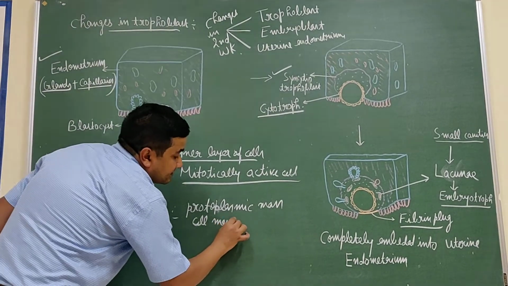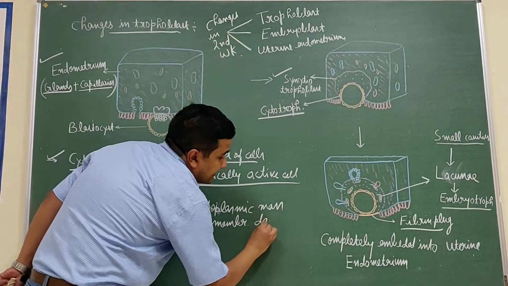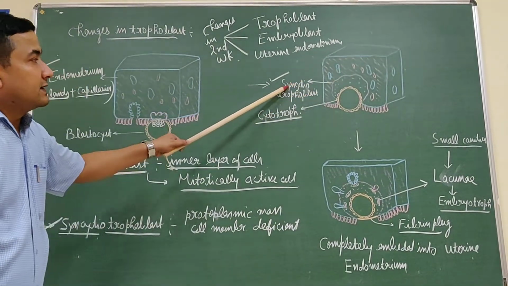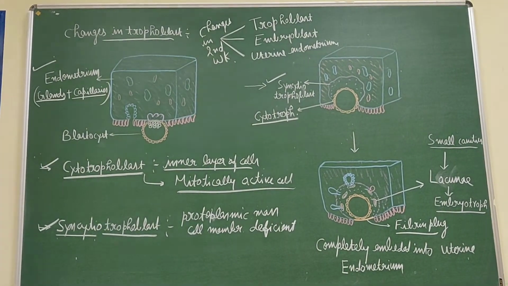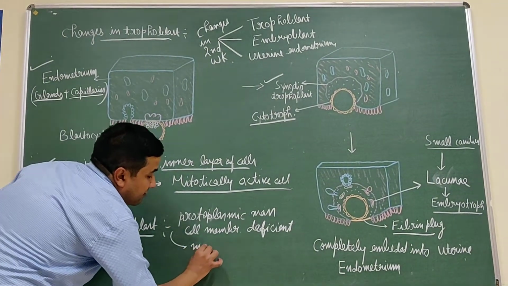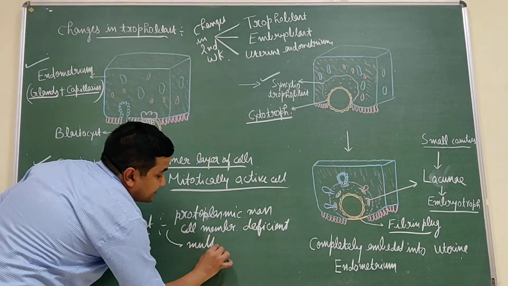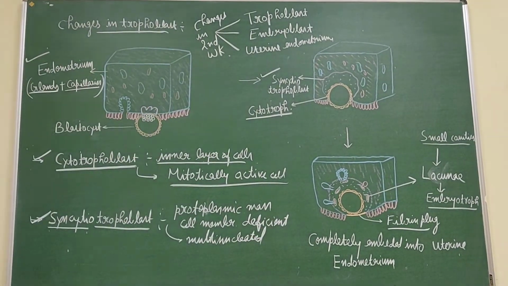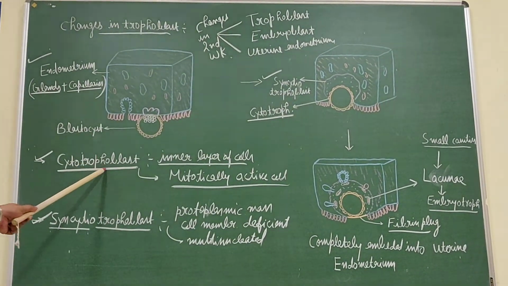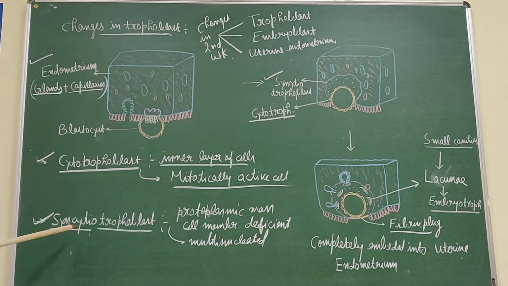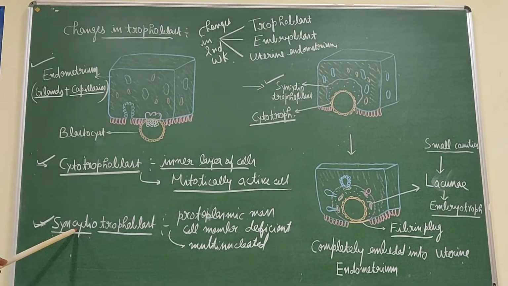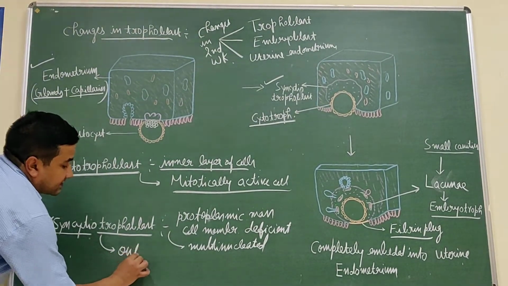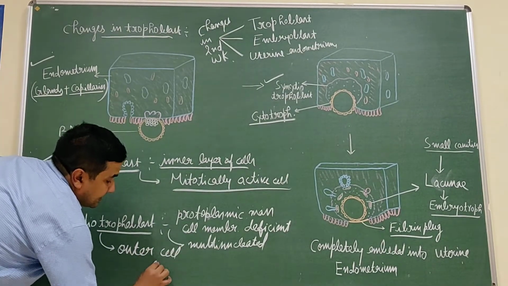Cell membrane is deficient, not well defined in the syncytiotrophoblast, and it is multinucleated. Means these cytotrophoblast cells divide and form the syncytiotrophoblast. These syncytiotrophoblast, these are the outer cell mass.